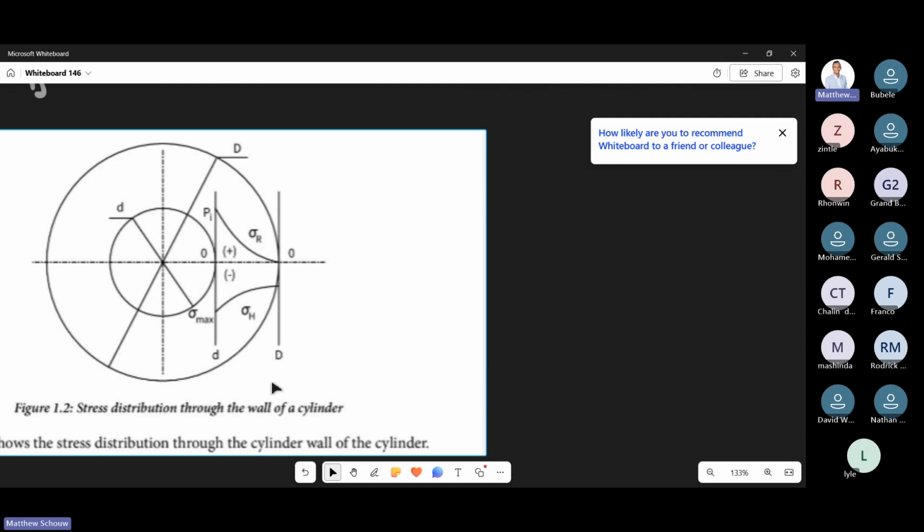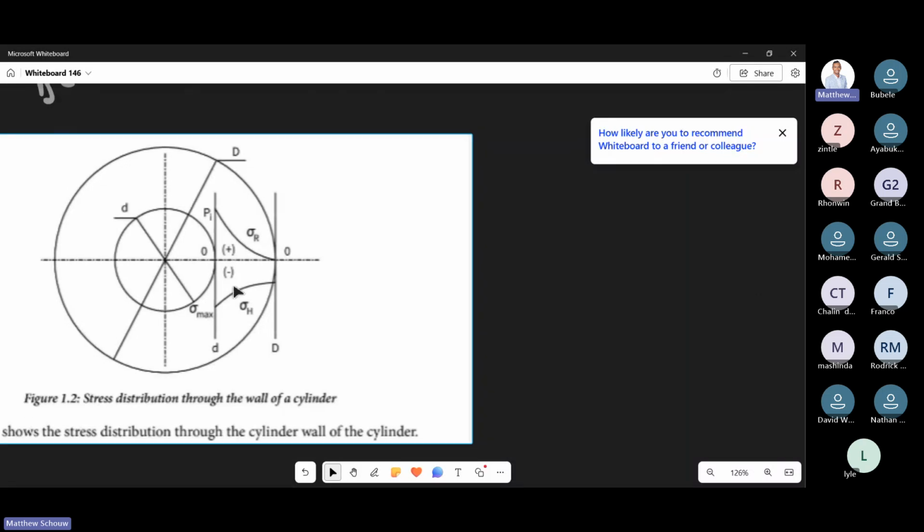Sorry, it's the other way around: from big D to small d, the hoop stress goes from a minimum to a maximum. The radial stress is zero at big D and at its maximum at small d. Very important, know this. This is for the internal pressure. We're going to talk about external pressure, hopefully.